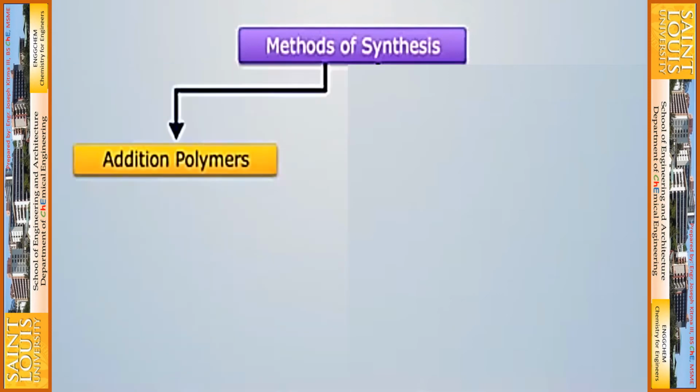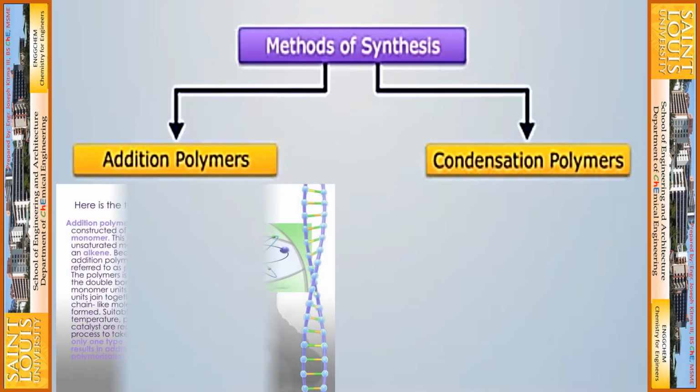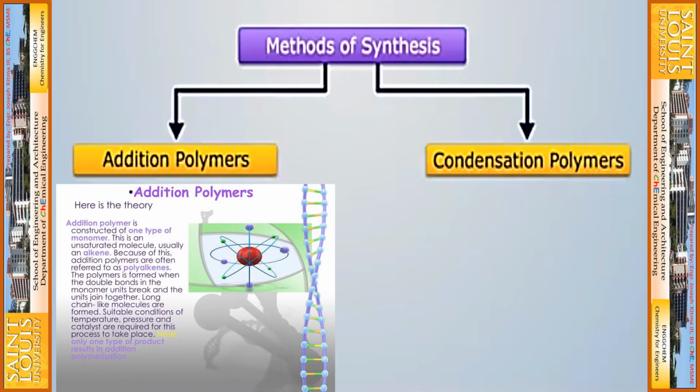For the methods of synthesis, we can have addition polymers and condensation polymers. Addition polymers are constructed of one type of monomer, and this is an unsaturated type of molecule, usually an alkene.